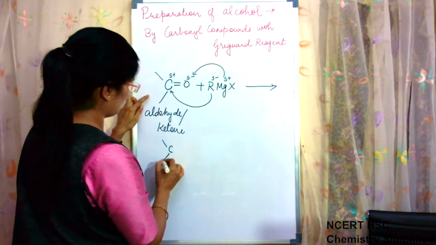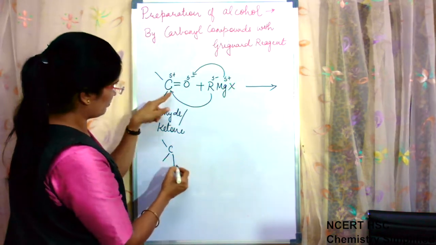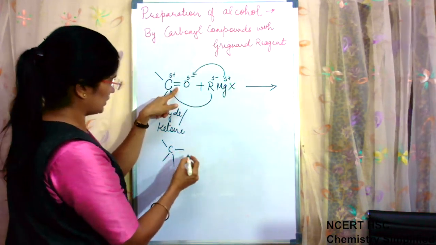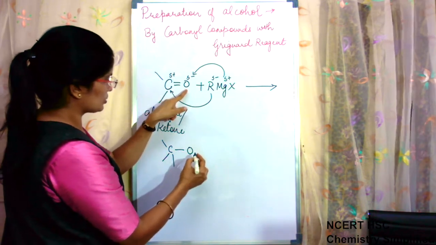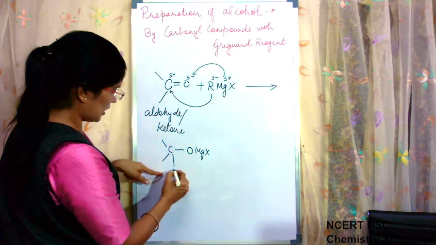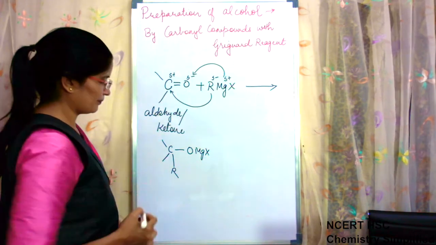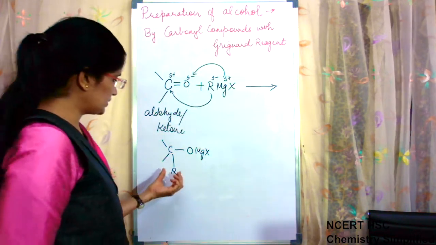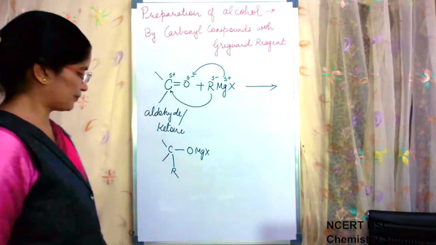The C double bond will break, O is here, this O will bond with MgX, and R will be attached to the carbon. So this will be the intermediate formed.